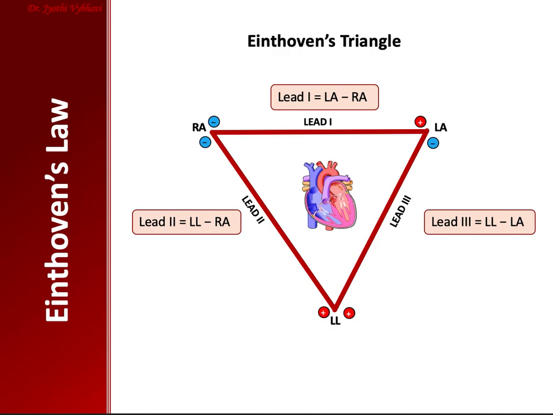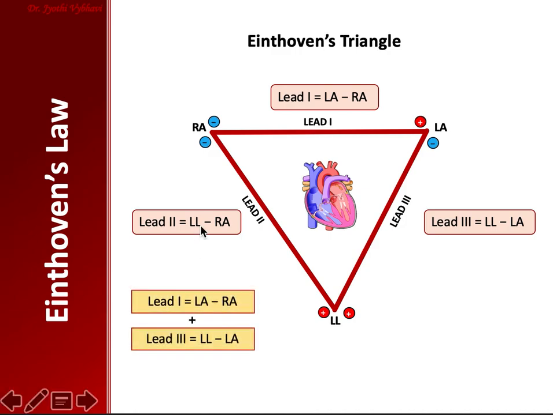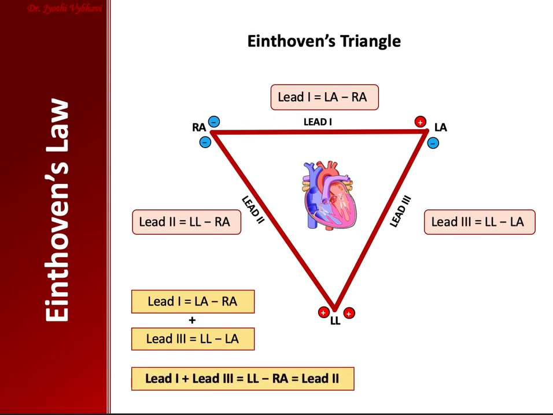He arranged all these things in such a way that when you add these bipolar leads together, lead 1 given by LA minus RA, and lead 3 given by LL minus LA, when I add the potentials of these two, I get lead 2.